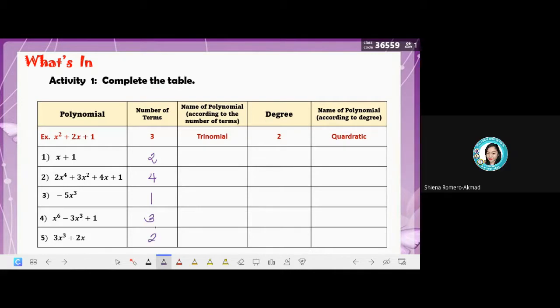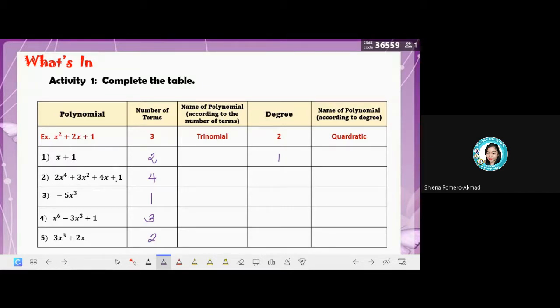3, tapos 2. Now, how about the degree? Degree muna. Unite? Binomial po. Ay, degree. Ano po? 1. Number 2, vernal. 7 po. 7 yung degree.